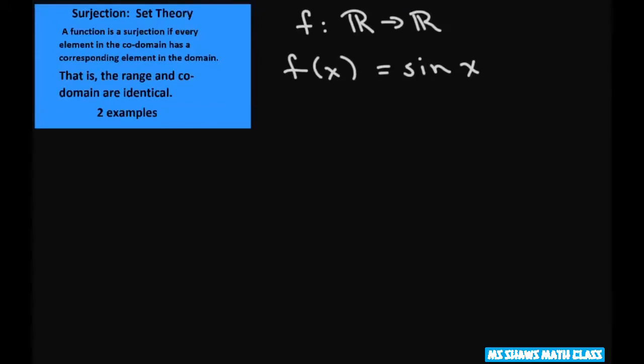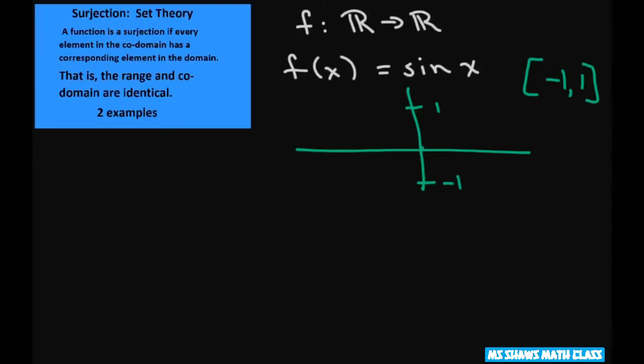All right. This one is not surjective. Every element outside of negative 1 to 1 in the codomain, remember sine is usually drawn from 1 to negative 1, doesn't have a corresponding element in the domain.